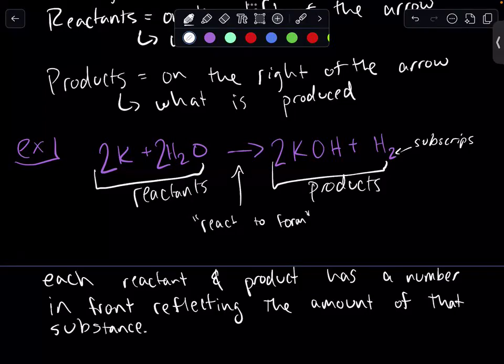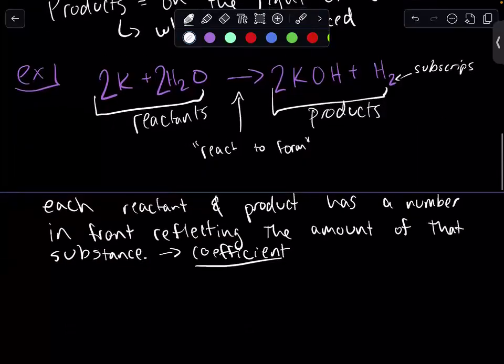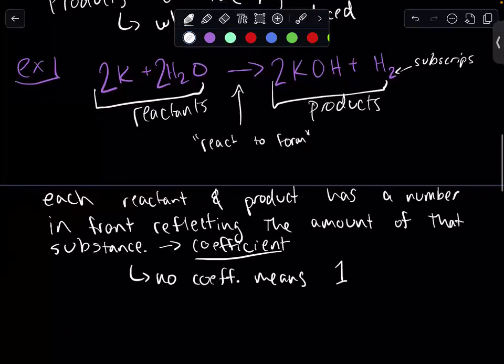This is called a coefficient. The term for that is a coefficient. And like I said before, no coefficient means 1, such as our H2 is the same as 1H2.